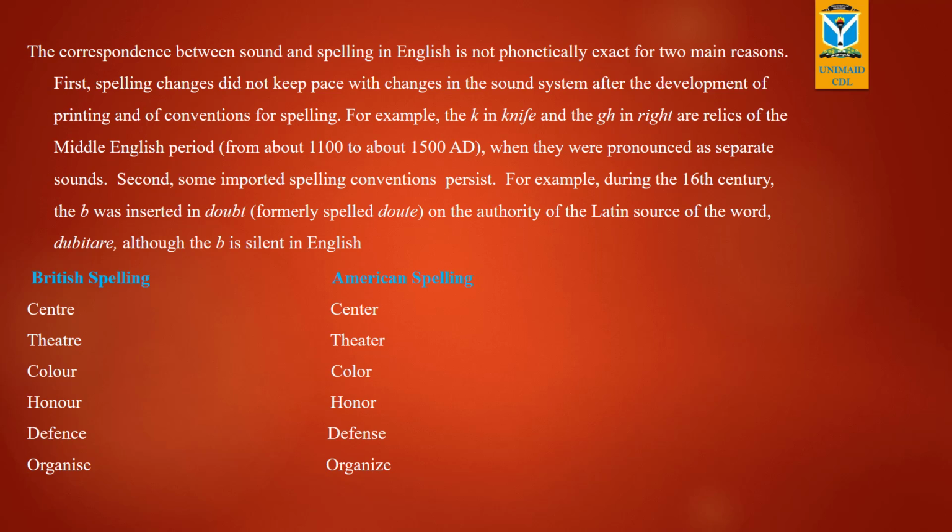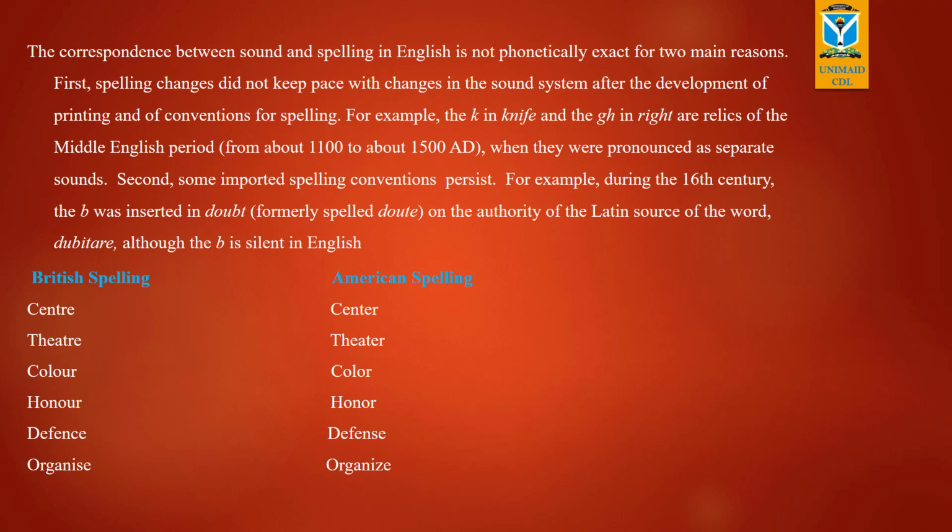Here, the correspondence between sound and spelling in English is not phonetically exact for two main reasons. First, spelling changes did not keep pace with changes in the sound system after the development of printing and the standardization of spellings. Example, the letter K as in knife, and then GH as in right.